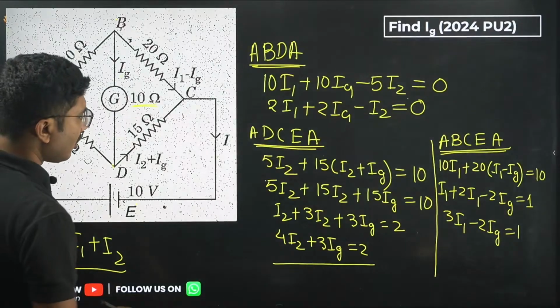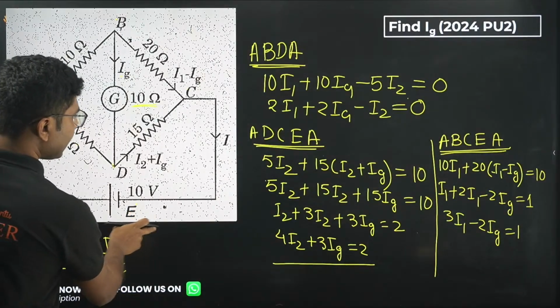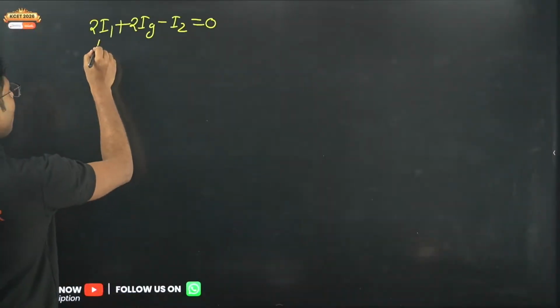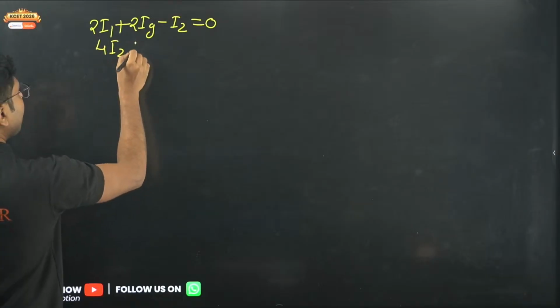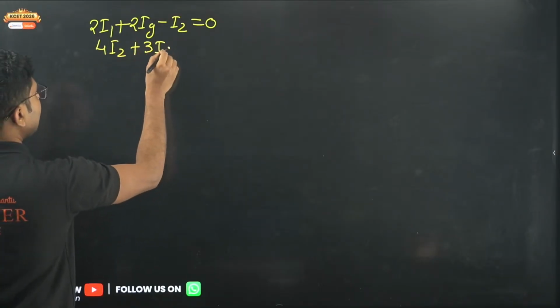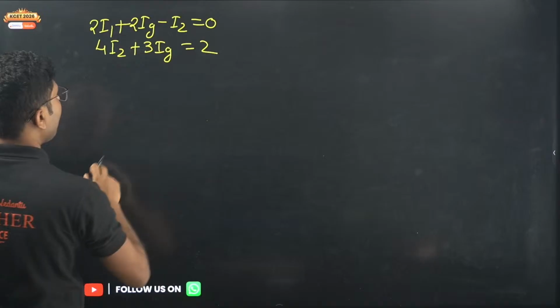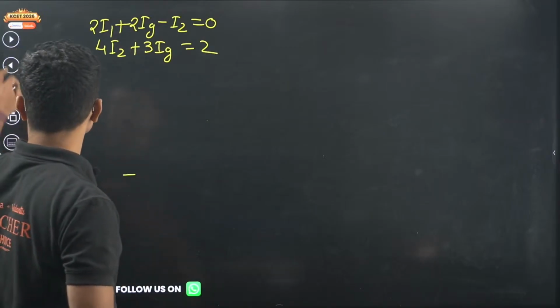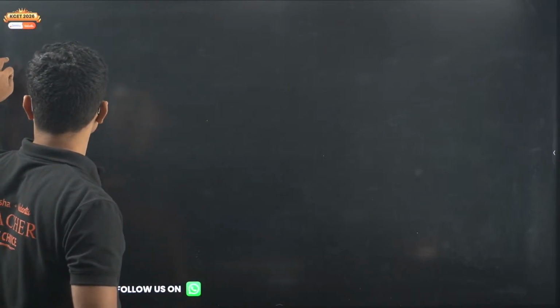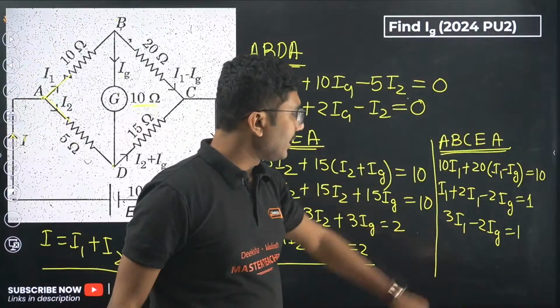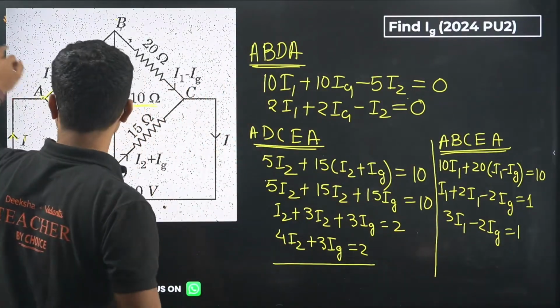Then we got 4I2 plus 3Ig equals 2. And 3I1 minus 2Ig equals 1.